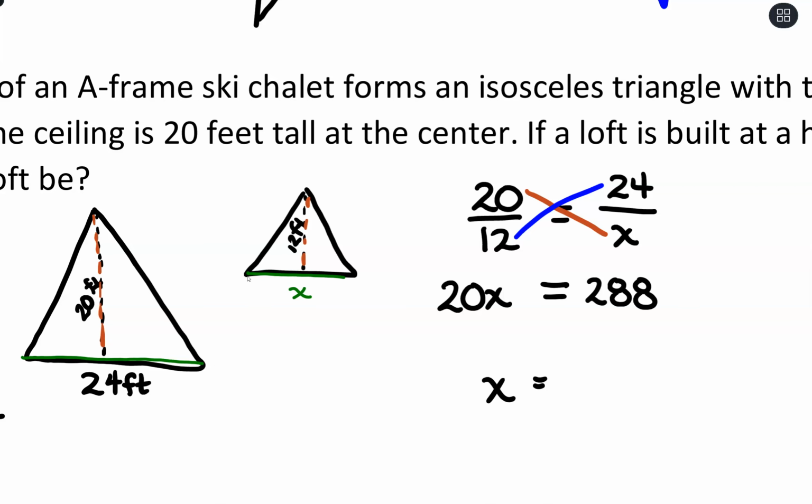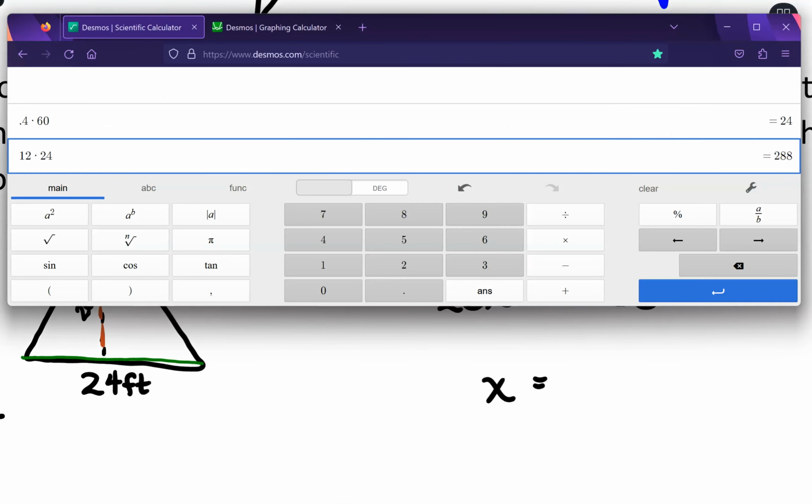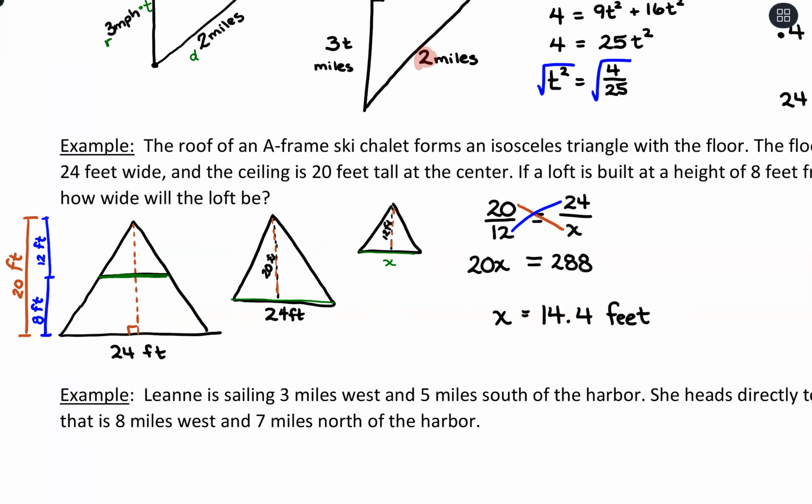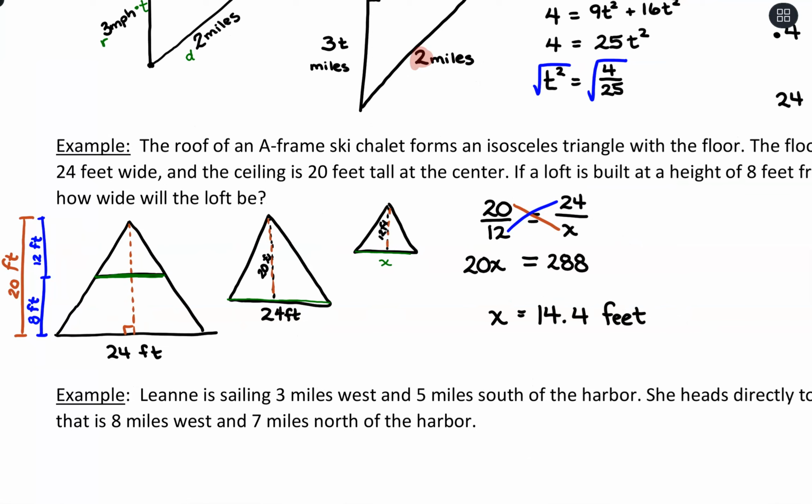Divide by 20 for 14.4. And that would be in feet. Okay, so that one, it's a matter of setting up a picture and seeing that we have similar triangles, and then with that we can set up the ratios of our similar triangles to solve.